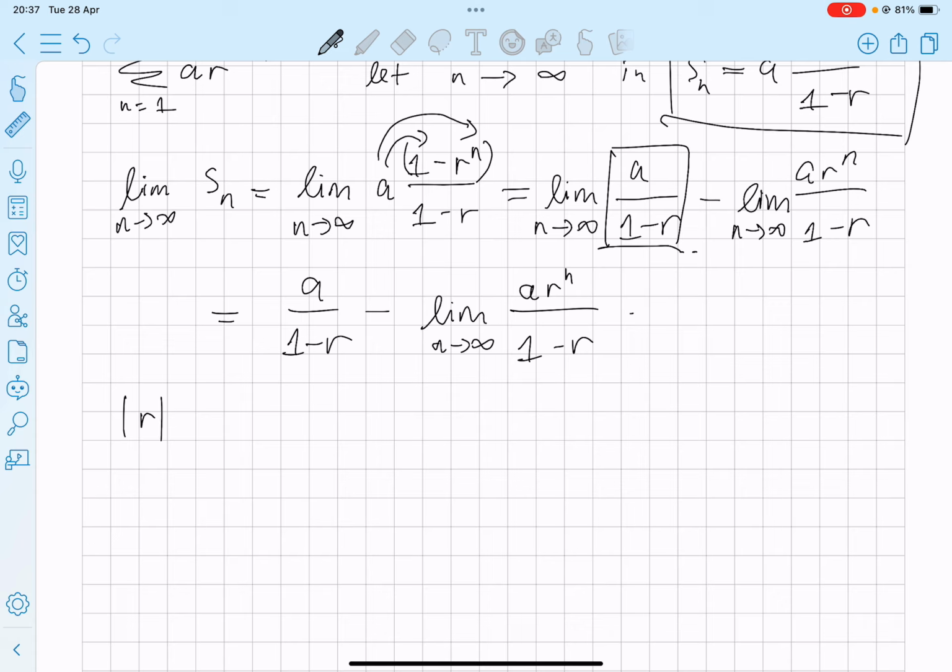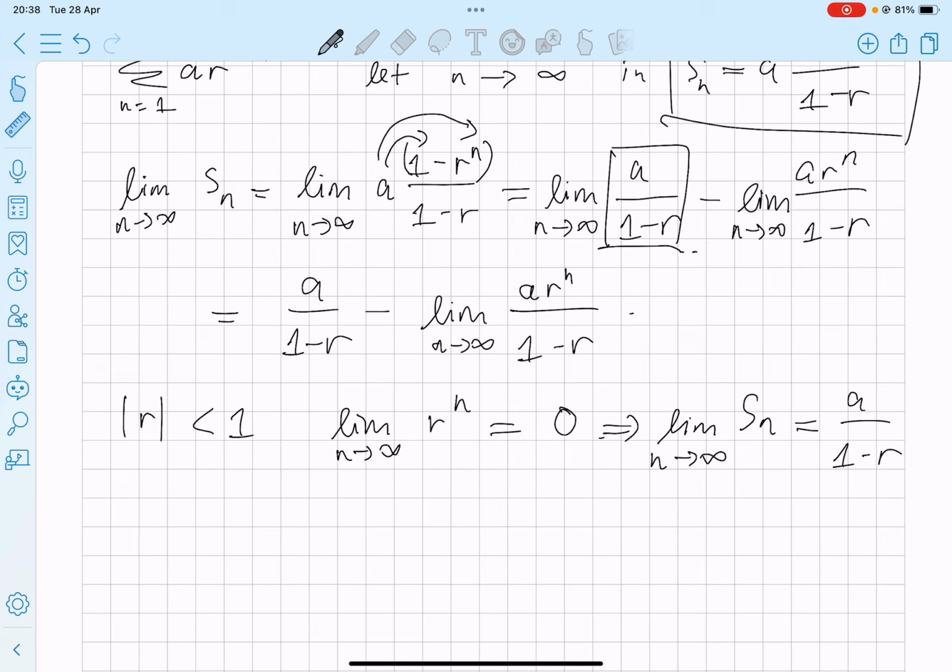If the absolute value of r is smaller than 1, then the limit of r to the n when n approaches infinity will be 0, and for that reason the limit of s sub n when n approaches infinity will only equal a over 1 minus r, because this limit is gonna equal 0. You see that?